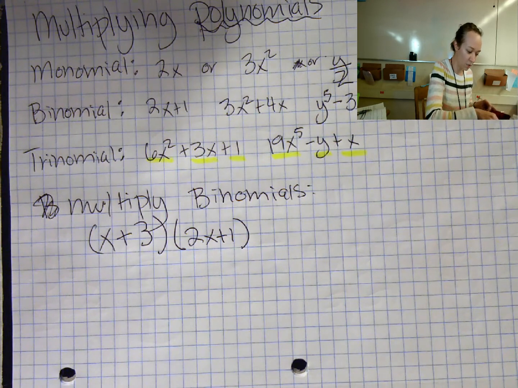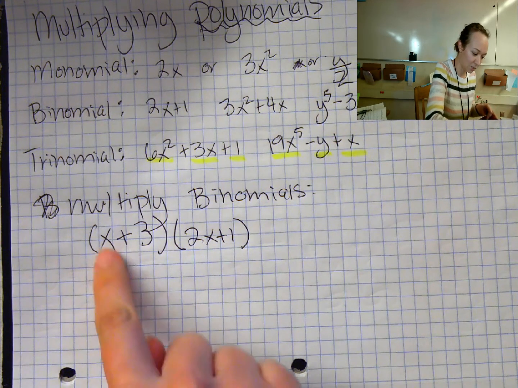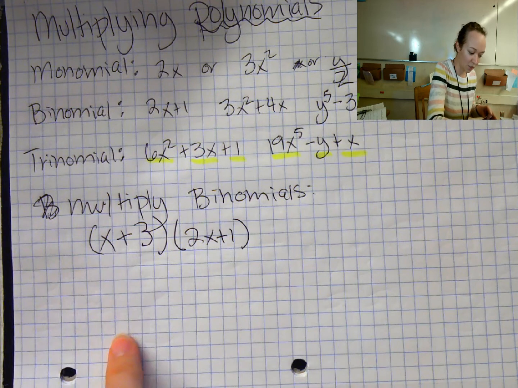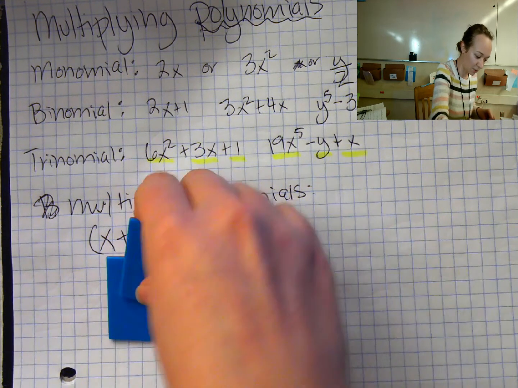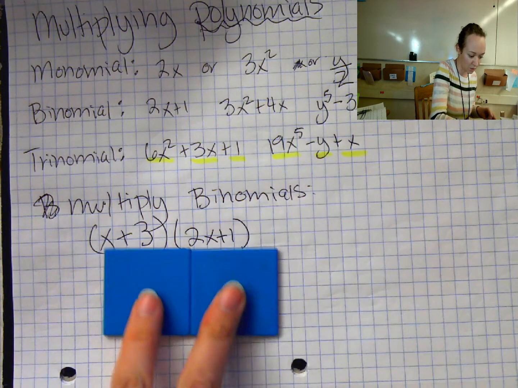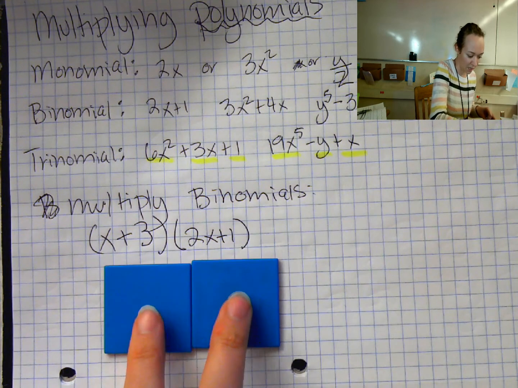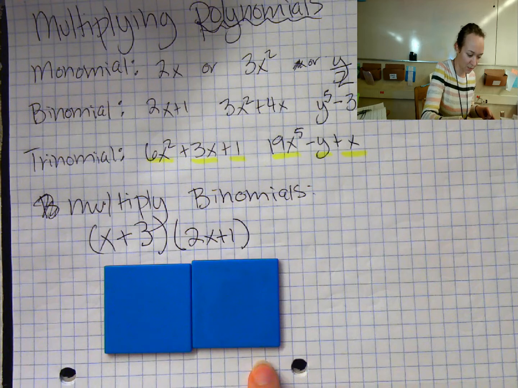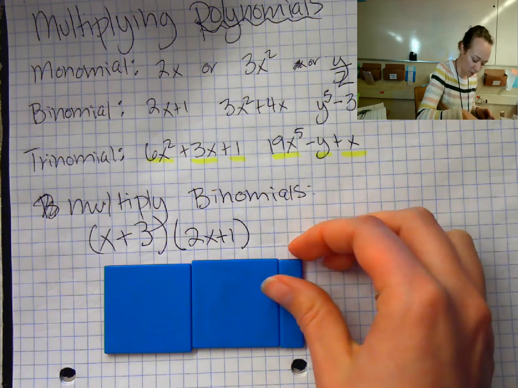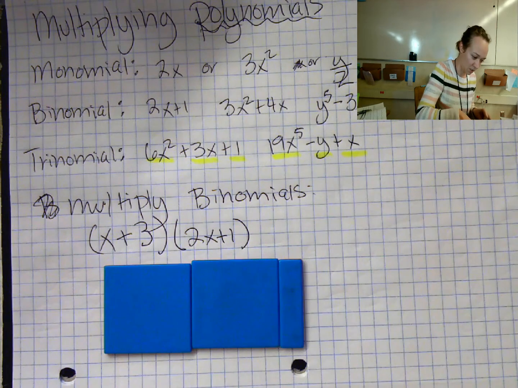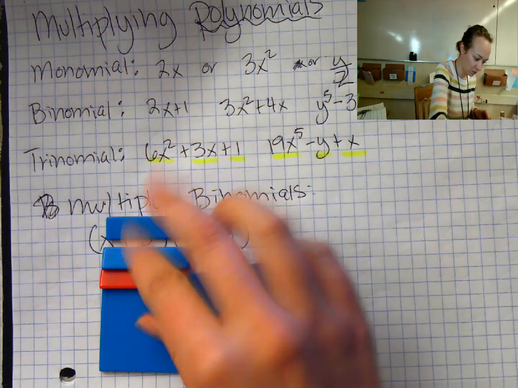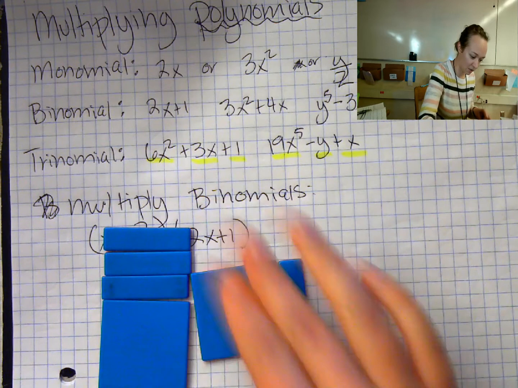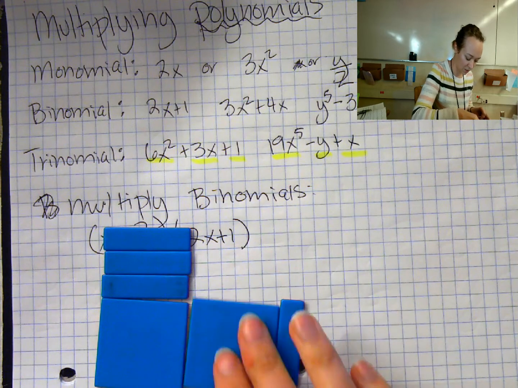So we know that we're going to need to have an x plus 3 on one side, and we're going to need to have a 2x plus 1 on the other. So that would mean there's going to be probably an x and then a 2x. On this side, I'll need to have a 1. On the other side, I'll need to have 3. And then I have to kind of fill in the pieces.